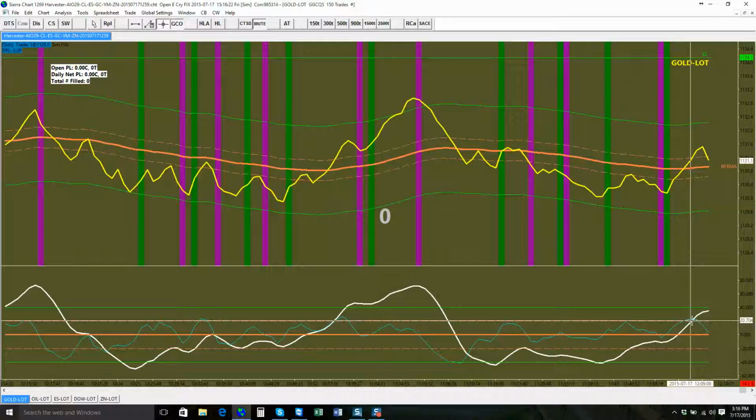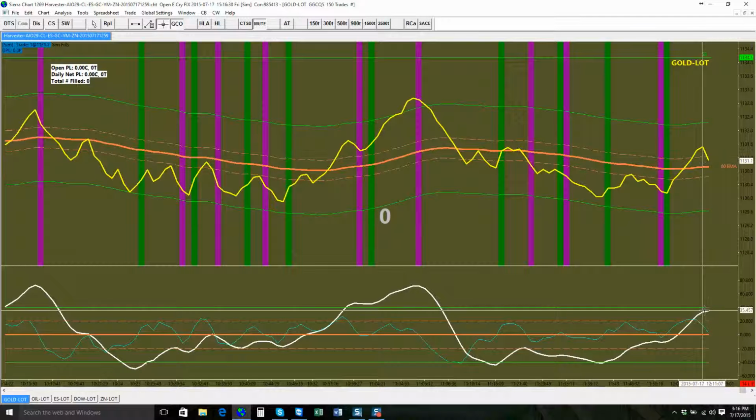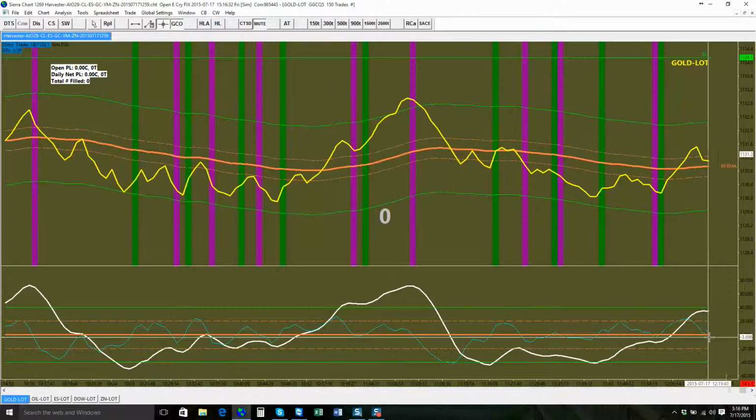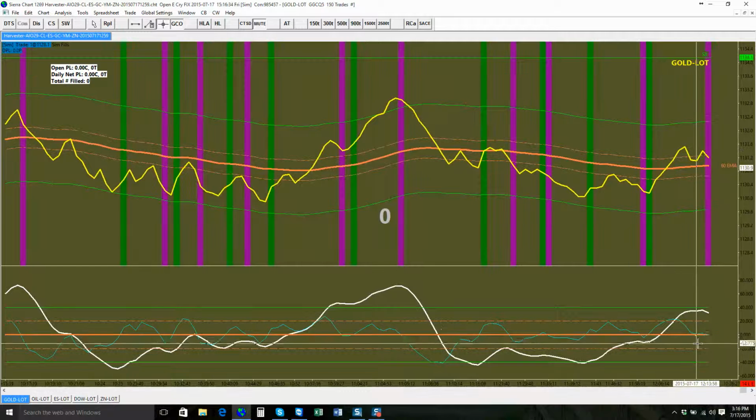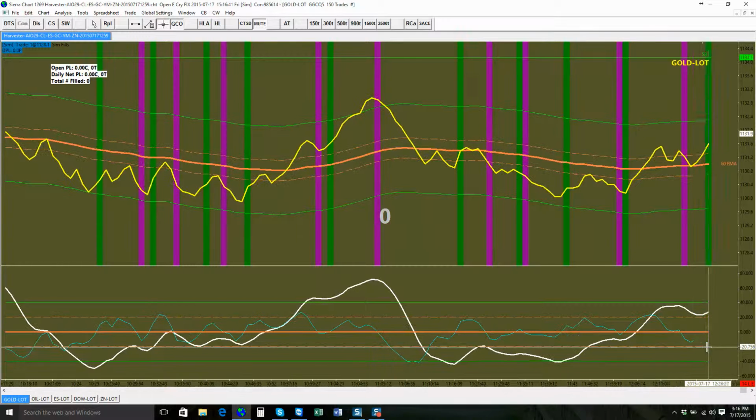But if you'd gone out where the blue crossed the white, you would essentially have gained as much as if you'd gone out as the blue approached the zero. But as you noticed here, we bounced off a little, but then we continued back down again for a short.